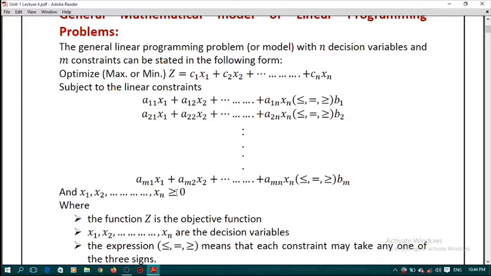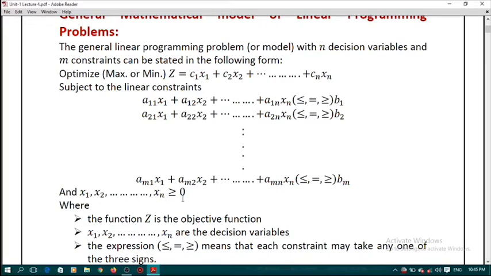So in the previous lecture we discussed the structure of the linear programming model. In that structure we have decision variables. So here x1, x2 up to xn are decision variables. We have the objective function, and this is our objective function. Here we have constraints, so these are all constraints, and the last one is the non-negativity condition.